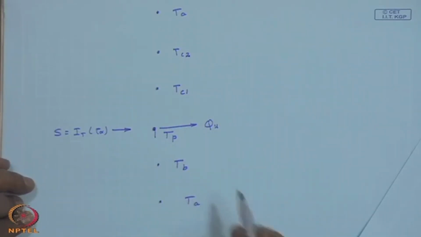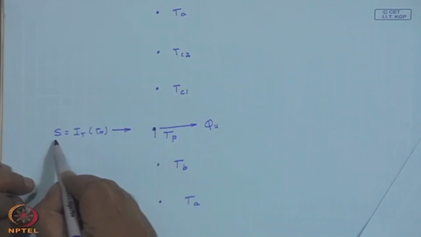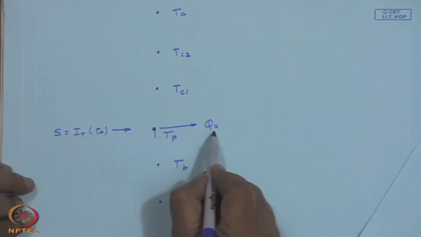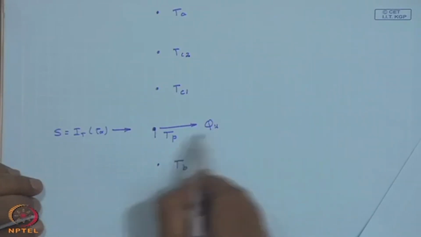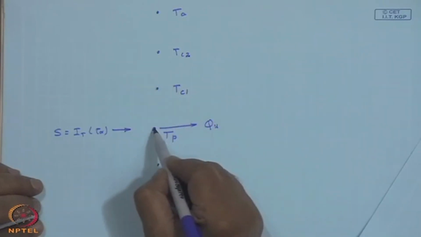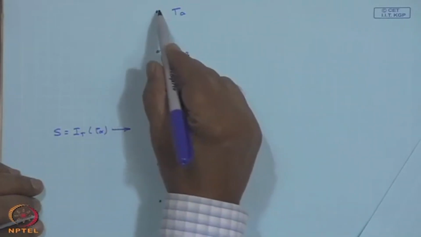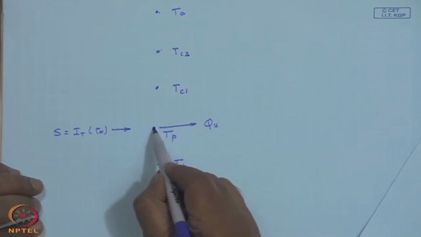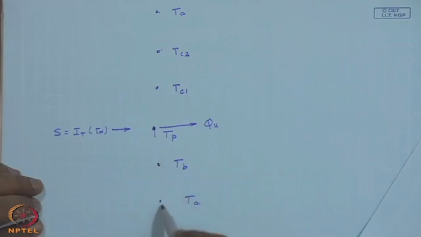So, now the picture is the absorber is at a plate temperature of T p and incoming absorbed radiation S equal to I t and tau alpha falls on that, and useful energy gain that you obtain will be Q u. Now, the rest of it is losses, the difference between these two, which goes in the top direction starting from the plate to the cover 1 to cover 2 and cover 2 to the ambient. Similarly, from the back or bottom of the collector, from the plate temperature to the bottom of the collector, and then from there to the ambient.